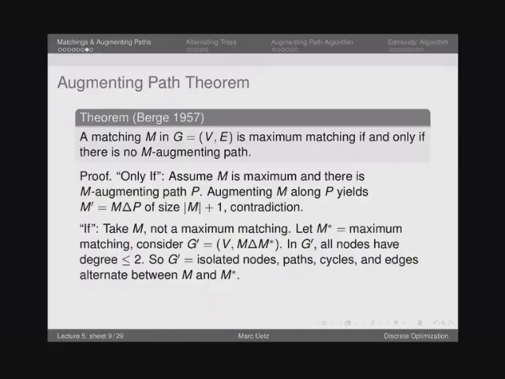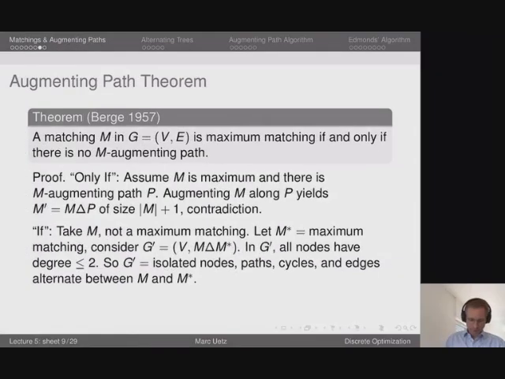So here is the argument in writing. All the nodes have degree at most 2, therefore this graph G prime contains isolated nodes, paths, and cycles. And the edges always alternate between matching and non-matching edges for the paths and the cycles.